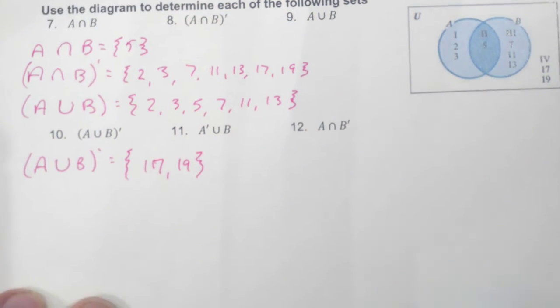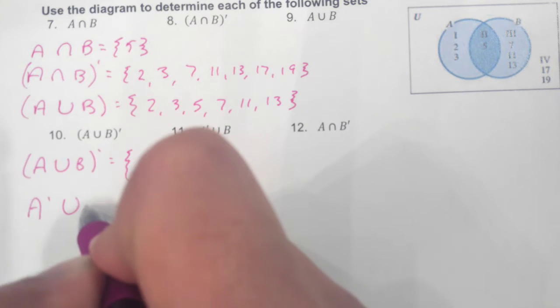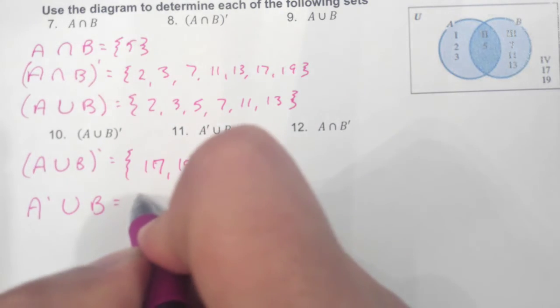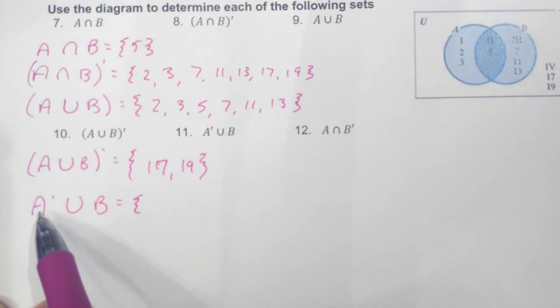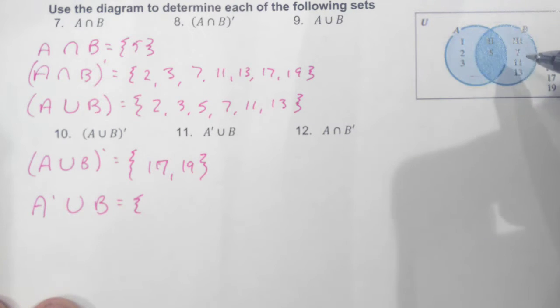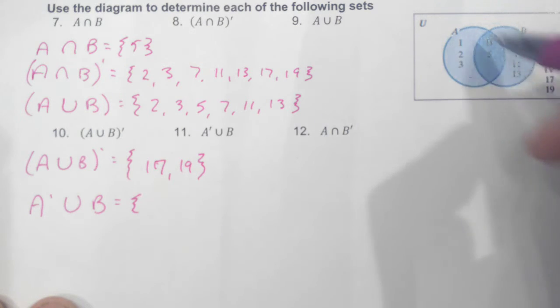Okay, 11 and 12 are the most difficult types of one. The complement of A and the union of B, so the union of the complement of A and B. Okay, so let's start with what's in A, these things. So the complement would be those things, right? So what's not in A?